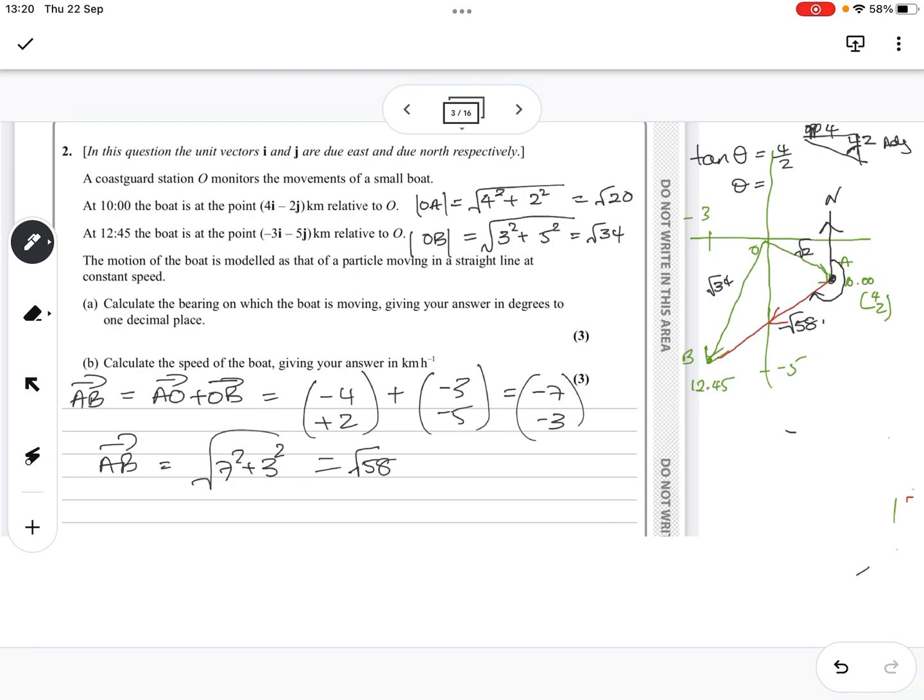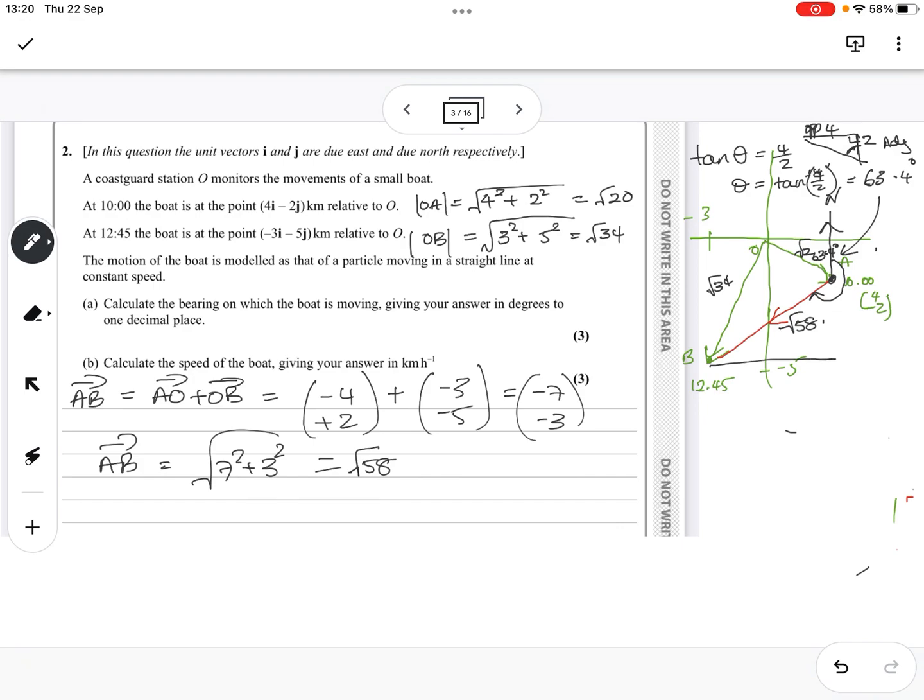So the angle is tan to the -1 of 4/2. Make sure you're in degrees. Lovely, I am. Inverse tan of 2 is 63.4 degrees. So this angle here is 63.4.